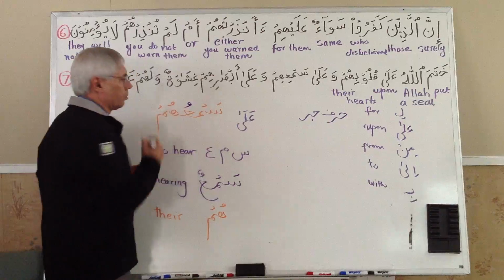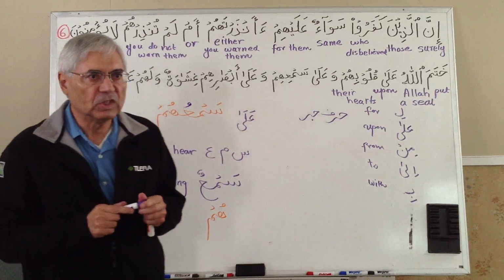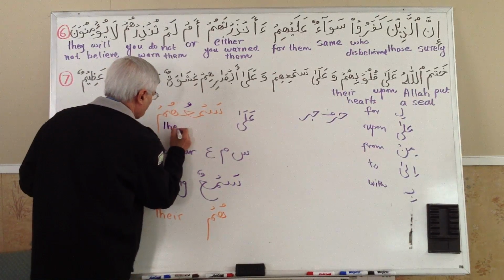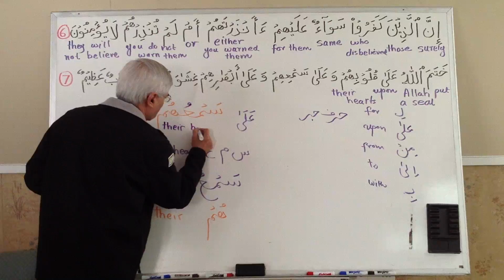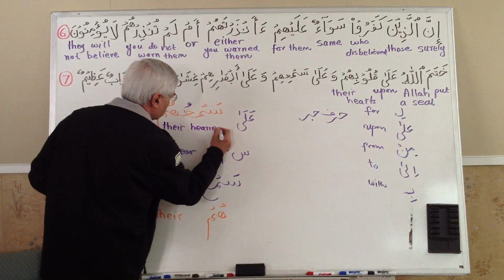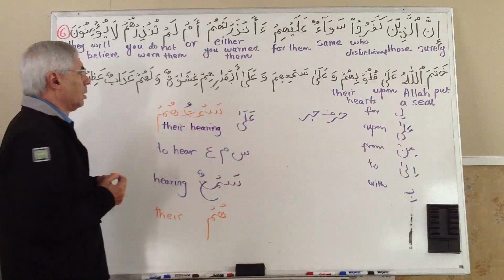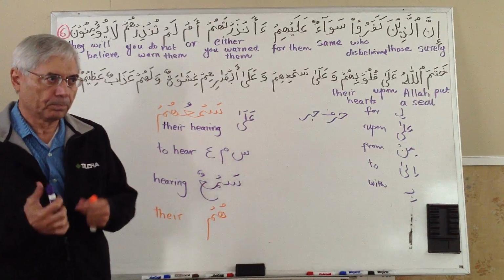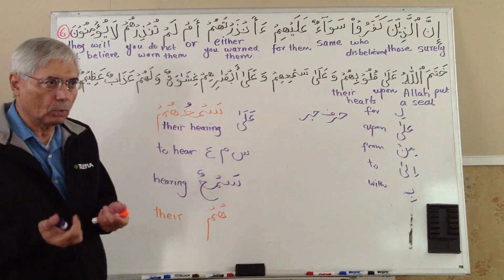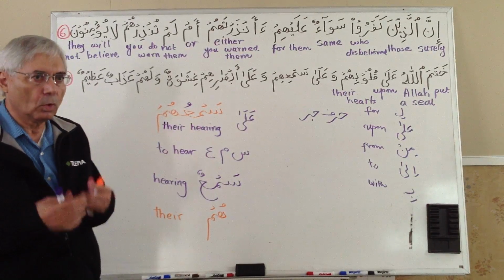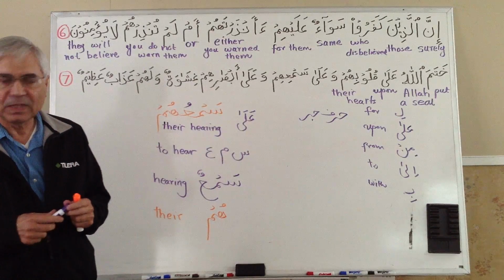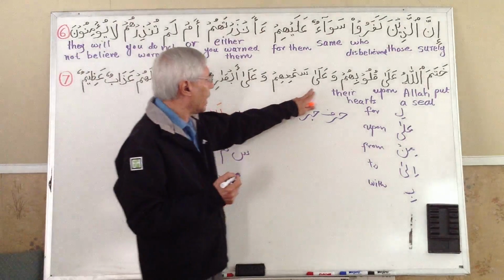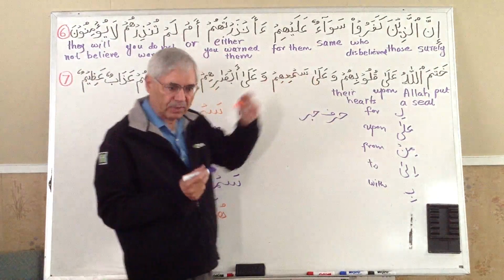Their hearing. Just like qulubuhum. It was qulubun, it became qulubuhum. Sam'un became sam'uhum. Their hearing. Now again, ala is before that, which is a harf jar.